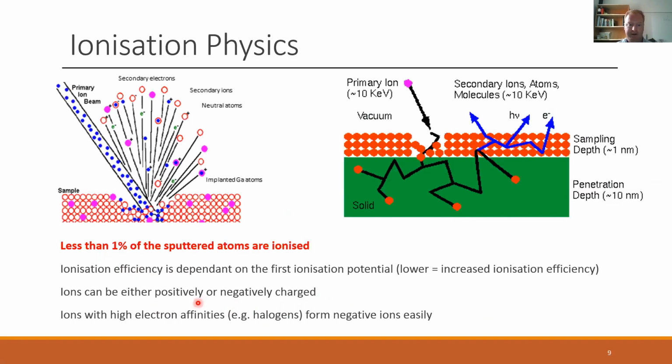And one of the nice aspects of this particular technique is we can change between positive ion analysis and negative ion analysis in just a couple of minutes with very little alignment.